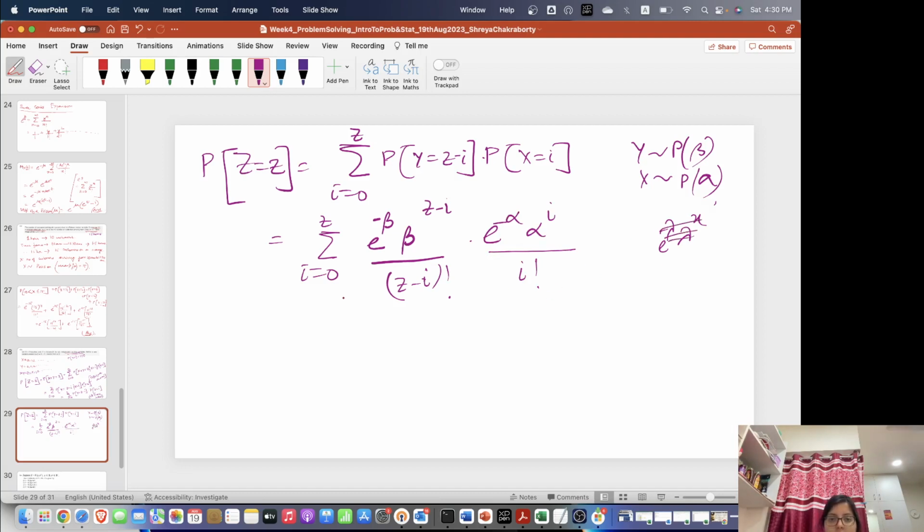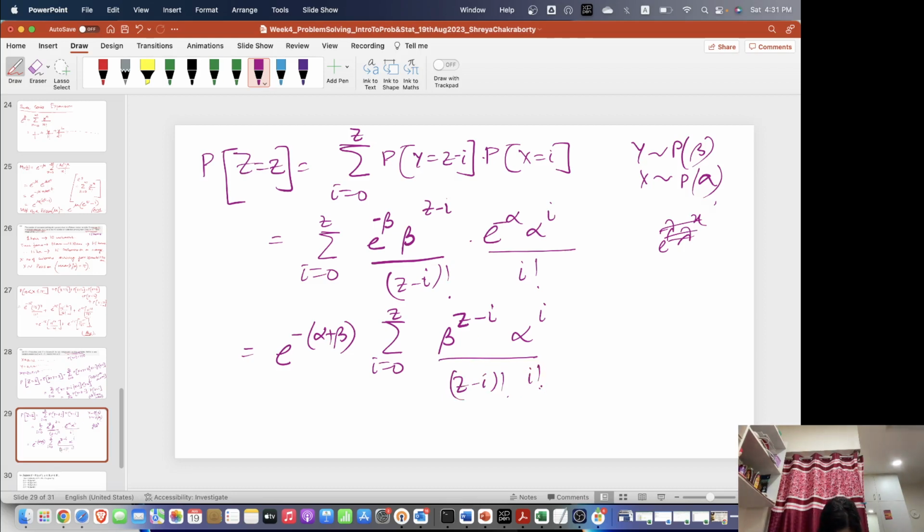Okay. So then we can write it as e to the power minus alpha plus beta, summation i equal to 0 to z, beta to the power z minus i alpha to the power i by z minus i factorial into i factorial.